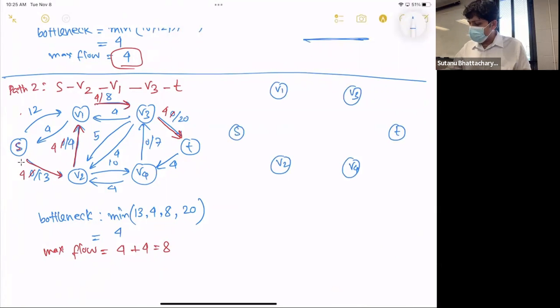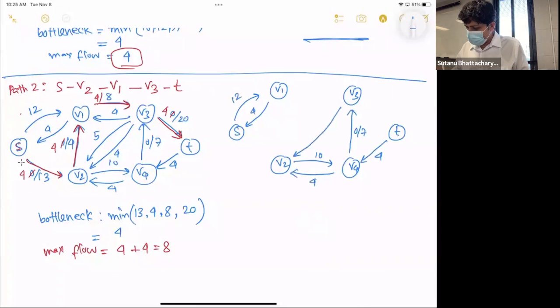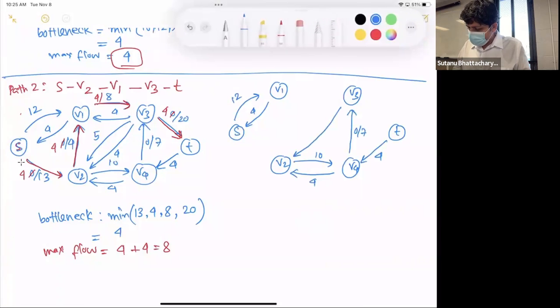So S to V1 would be as it is, no change. 12, 4. This is same as it is, no change. This is as it is, no change. Oh, I made a mistake here.